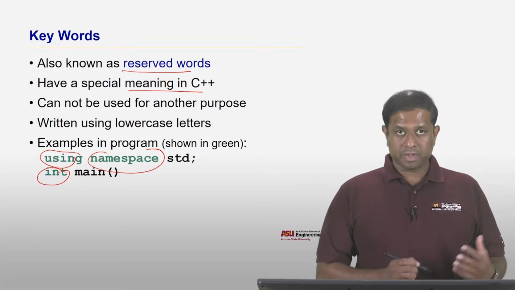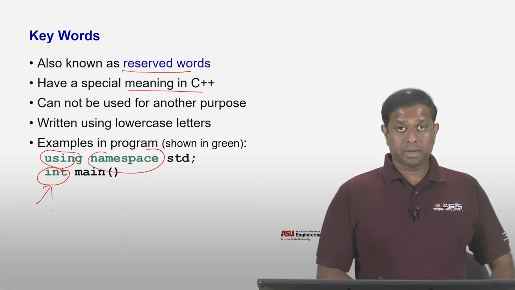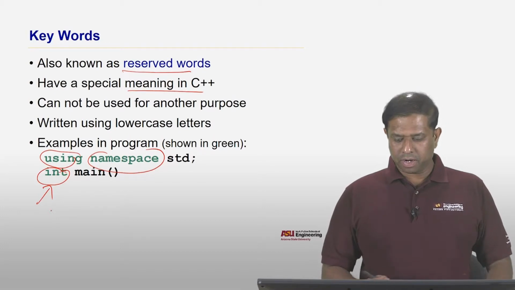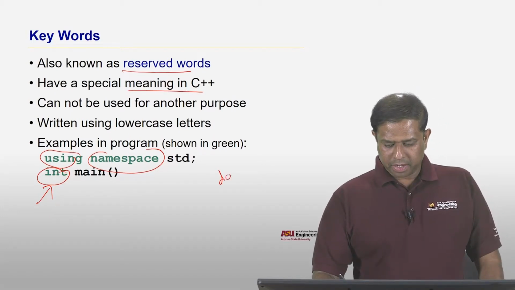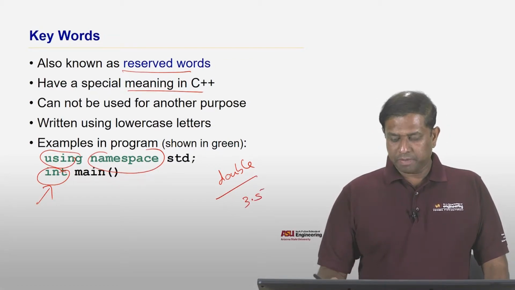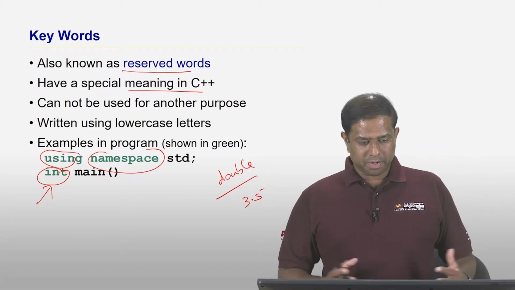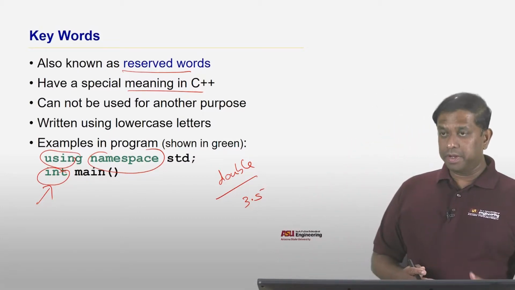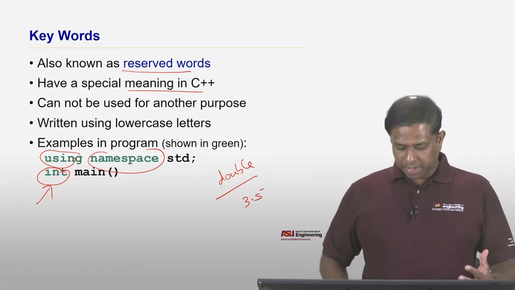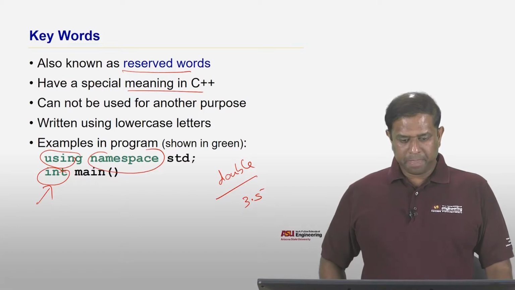So int, for example, is representing an integer value, a whole number. Now if I put something like double, that's a keyword also. Double is representing a decimal point value like 3.5 or something along that nature, right? So all of these keywords have their own meaning, so we need to use them based on their meaning, and we cannot use them for any other purpose, okay? All right.